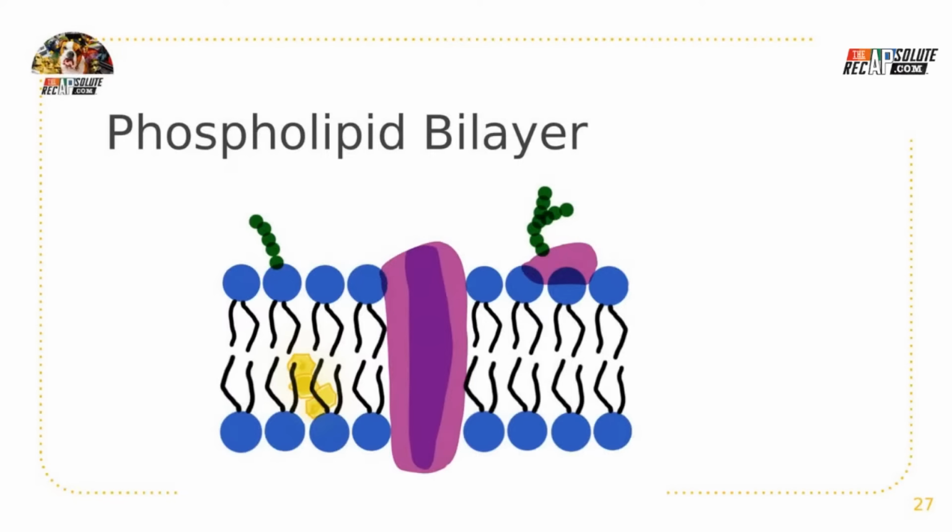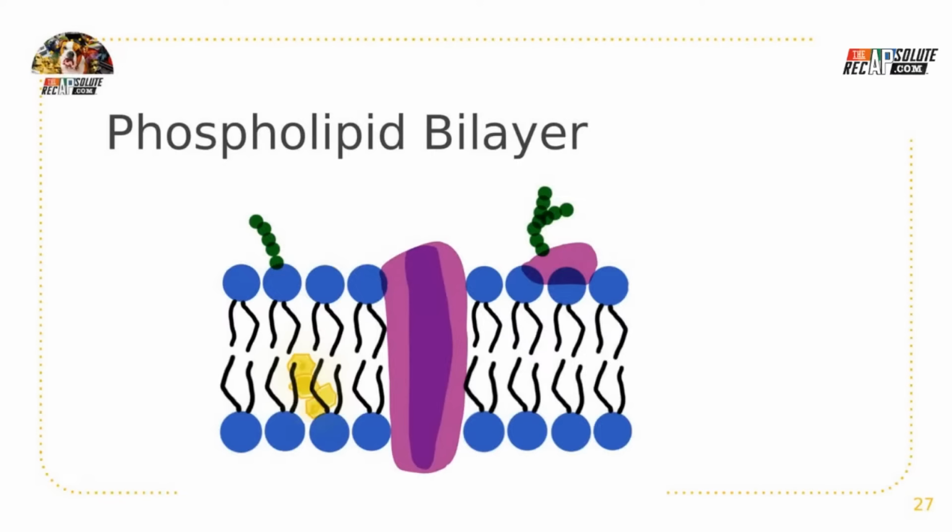It could be cholesterol within the membrane, influencing the fluidity of that membrane. And lastly, we have the green in the diagram. These represent carbohydrate chains involved in cellular recognition and at times cellular signaling. So you'll find those as well in the cells.